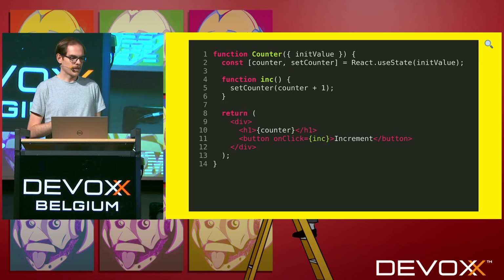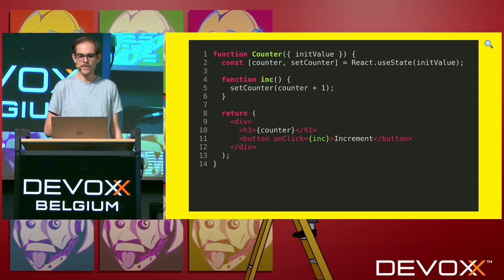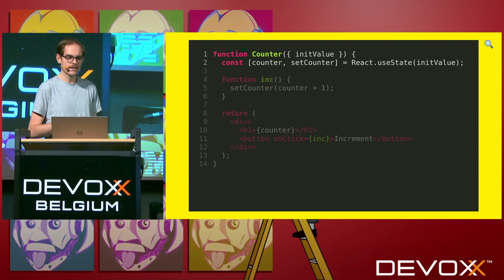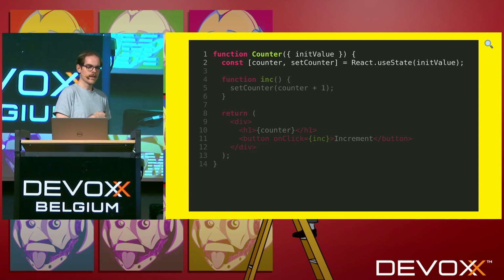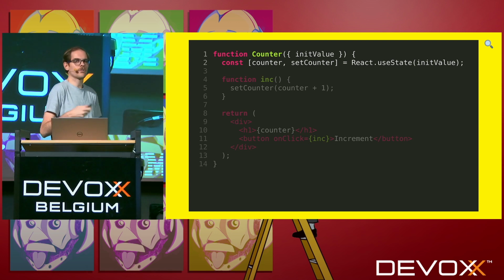So this would be an example of it. I'm not going to get much into the syntax details because it really doesn't matter. But basically, you have your component defined as a function, and we use this useState function that React provides. You pass it the initial value, and then you get a value, in this case the counter, and a function to update the value, sort of a setCounter in this example.